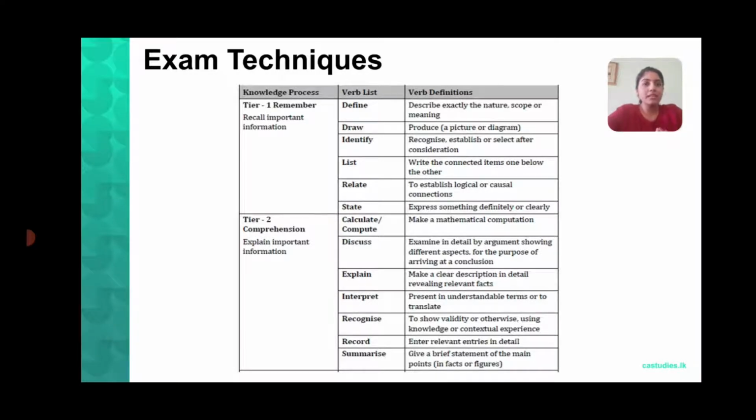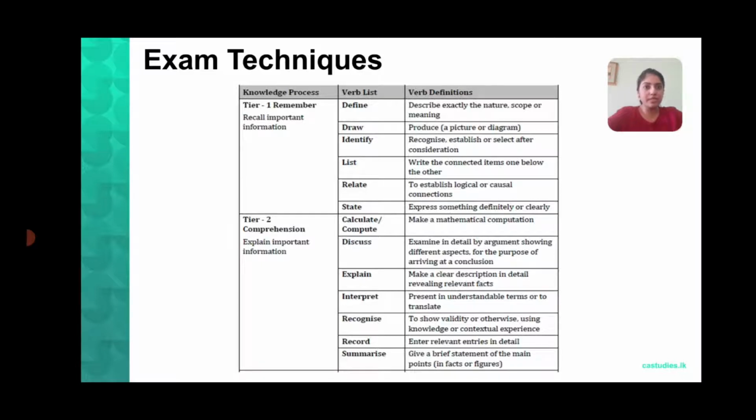Okay, tier 1 focuses on the remembering capacity of the student. So they have words like define, draw, identify, list, relate, state, all of those verbs that you need to answer in a sentence or two.